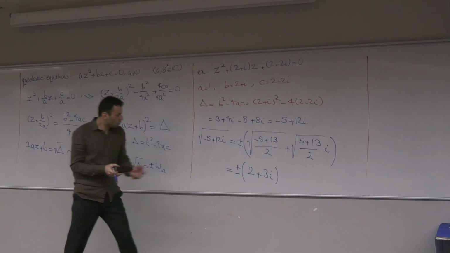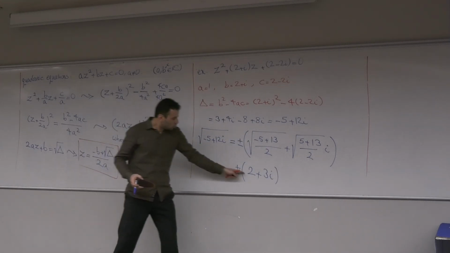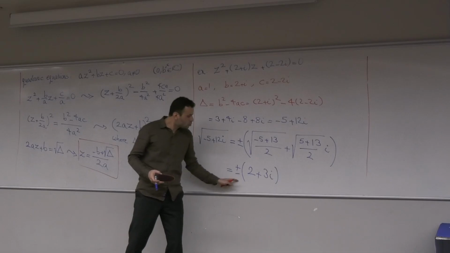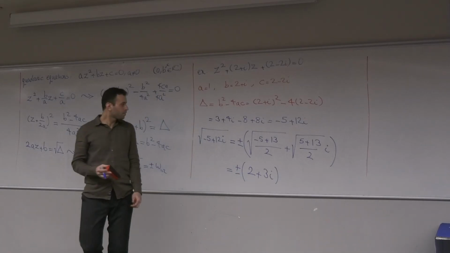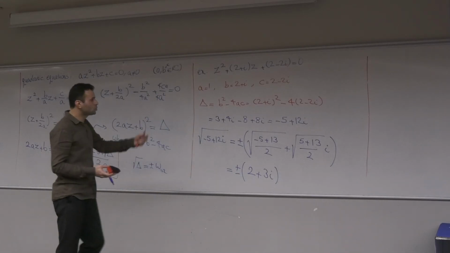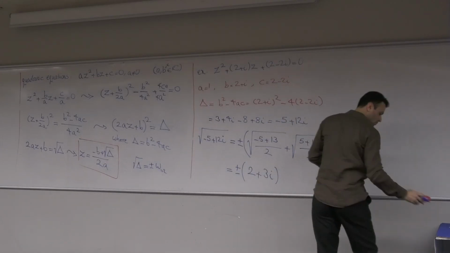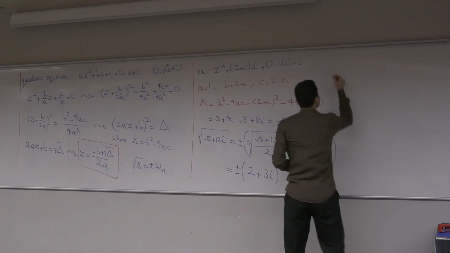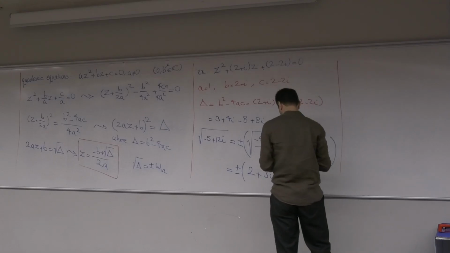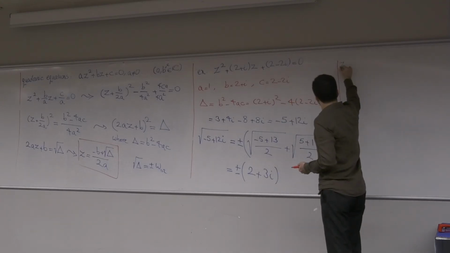So we have 2 values for it: 2 plus 3i and minus 2 minus 3i. So what will be our roots? What is going to be our z1?